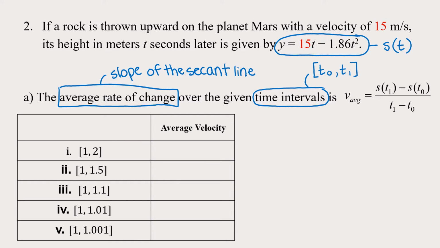And the average velocity, v sub average, is given by s of t1 minus s of t naught all over t1 minus t naught. And this is just the same as saying we're finding the slope of the secant line. So if we look at this left side of our table here, we're given various time intervals, t naught comma t1, and these are just our time intervals.